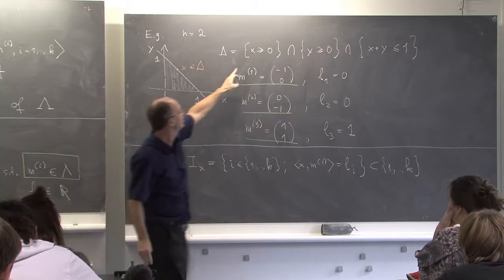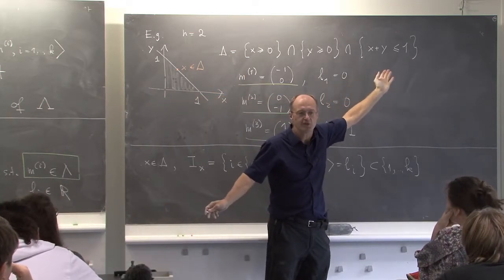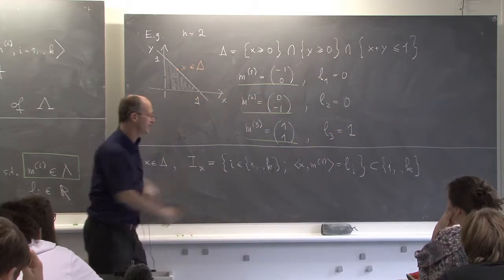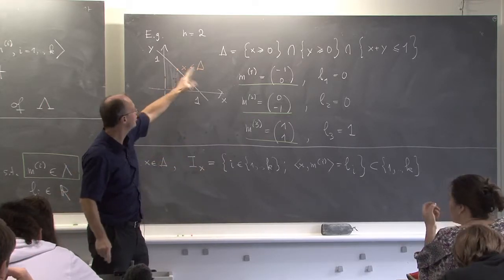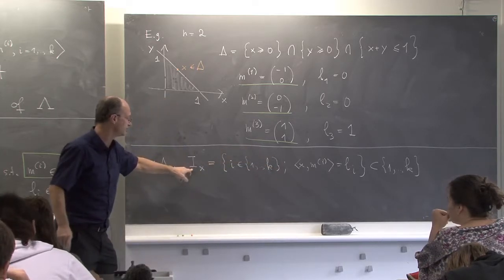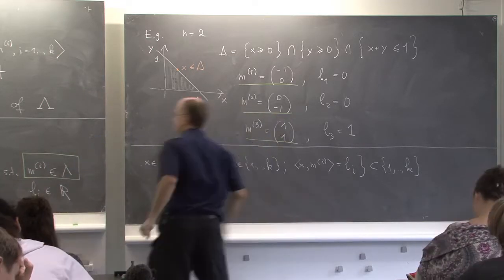Now, all three of them can never be equalities, because then there would be no solution. So some of these sets may well be empty, but some of the subsets are never realized. But for each point, you get this I_x.